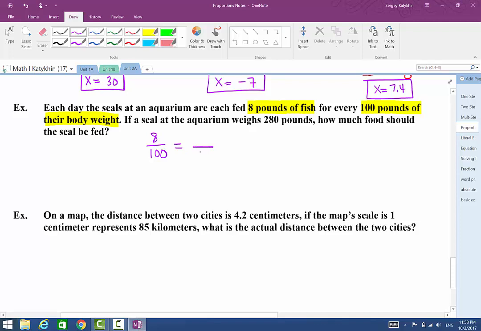Notice that 280 pounds has to go here because that's the body weight, which is what the 100 is. Now what we need to know is this unknown, which is the x, and that's how we set up our proportion. From here we would cross multiply like we do with all the other problems.